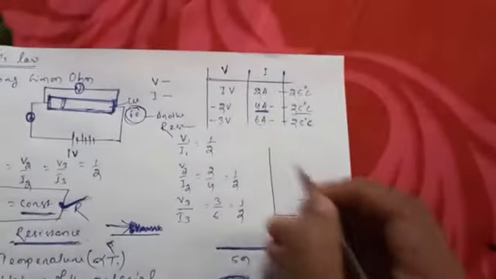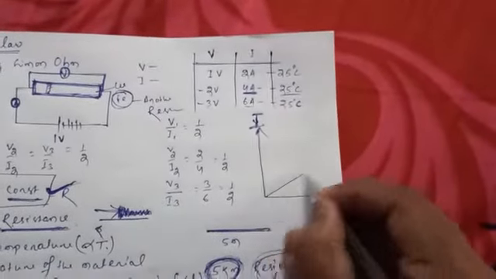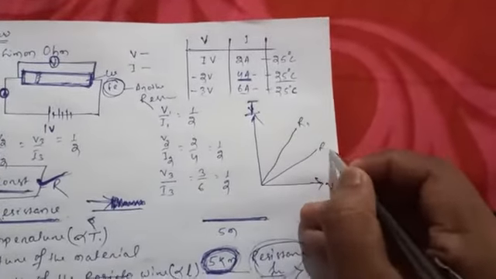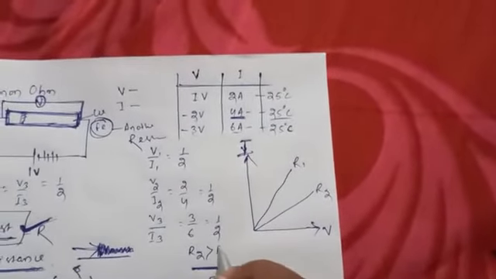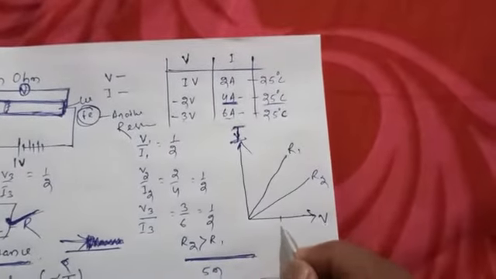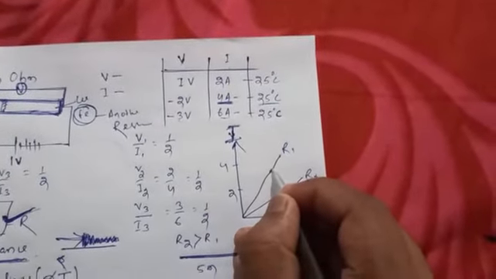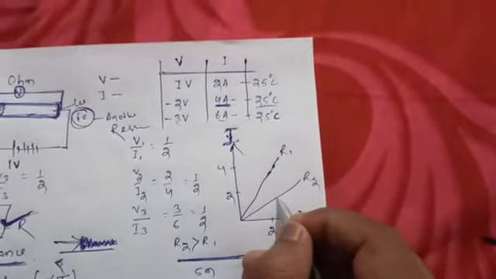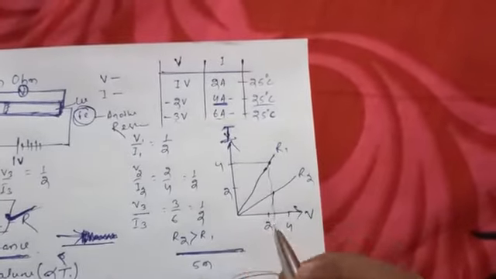Similarly, let's do another example. Suppose here is the graph, here is I and here is V, but altered. Which one is greater? Here clearly R2 is greater than R1 because it is altered. Suppose I take a point, at any point you can take.